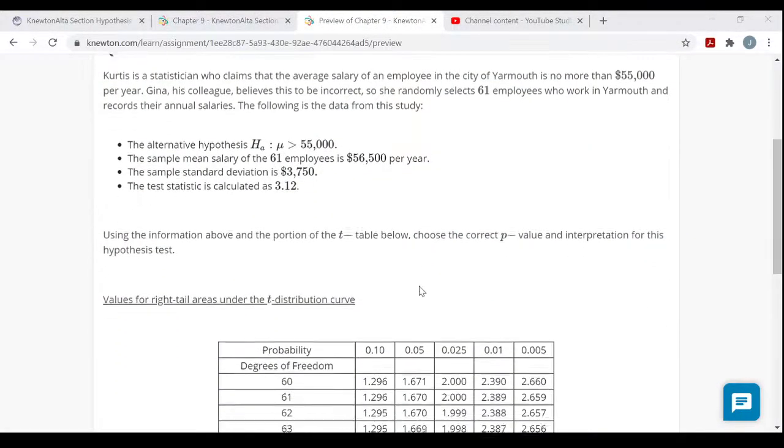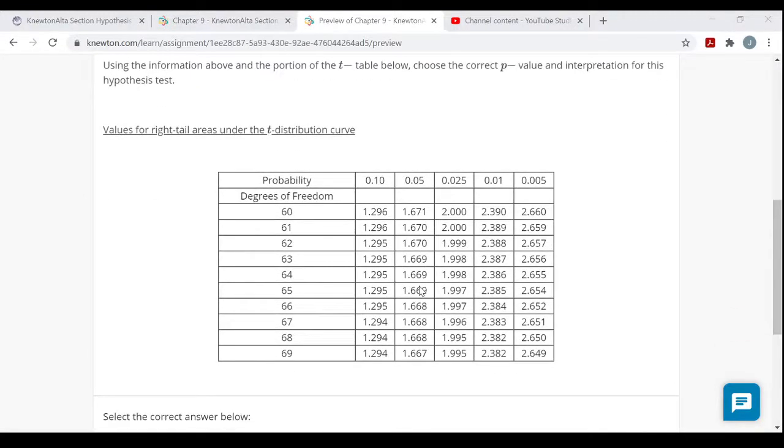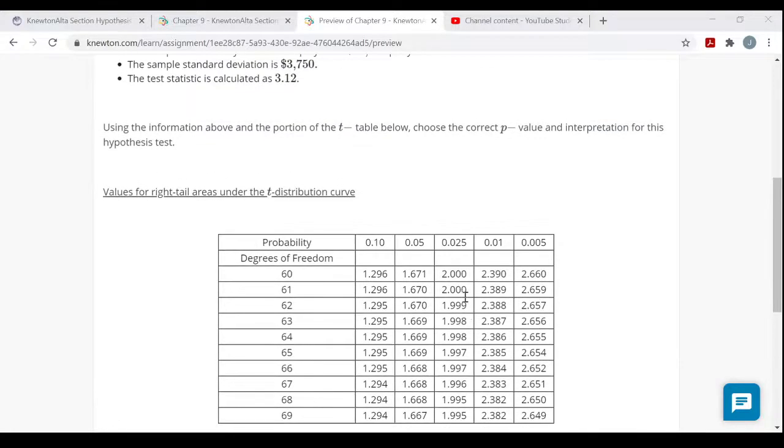Now, how we're going to use this table is another story. Right? Because the table here gives us critical values. Remember the critical value method? To determine how small our p-value is, we're going to see where our test statistic falls compared to these critical values. Now, I mentioned this was a t-distribution with 60 degrees of freedom, so I'm in this 60 row.